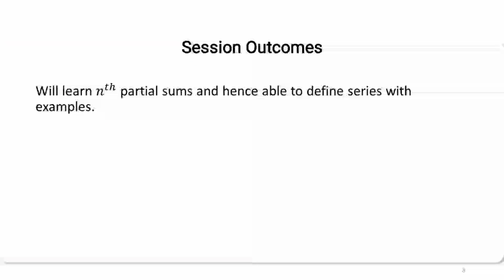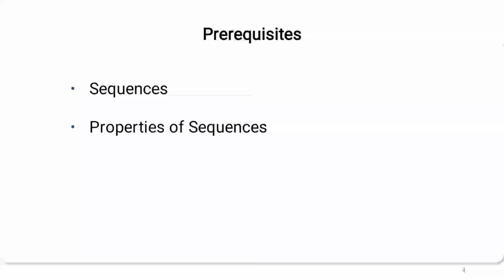Session outcomes: we will learn nth partial sums and hence be able to define series with examples and properties. Prerequisites: sequence, properties of sequence, examples of sequence and problems on sequence.